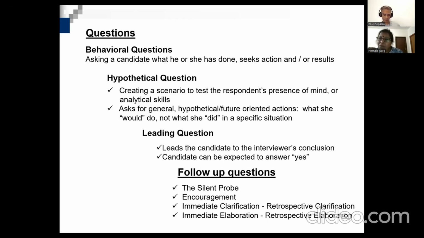So if he's talking about 2 or 3 incidents, you observe him very carefully: his eye contact, the way he nods, his posture. You can make out whether it was a true story or whether he is faking, right? When it's not a true story, you will see that his eyes are shifting. If you see he'll be doing something or the other, you can make out. So watch, observe. What is he doing? What is his body language?